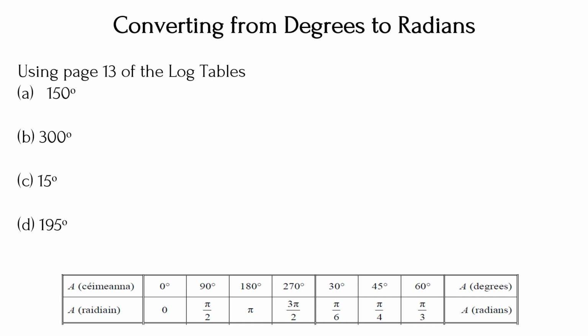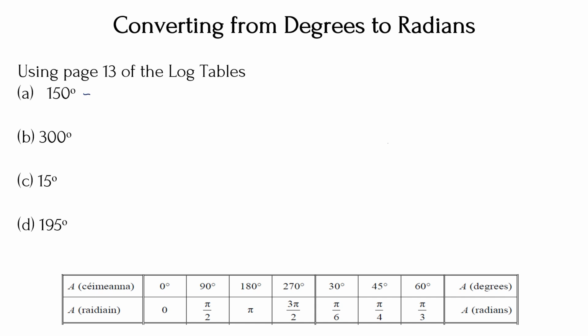The first thing we're going to do is try and convert 150 degrees to radians using, at the bottom of the page, what I've taken from page 13. There's a few different ways we can do it. The first way I'm going to look at is using multiplication.